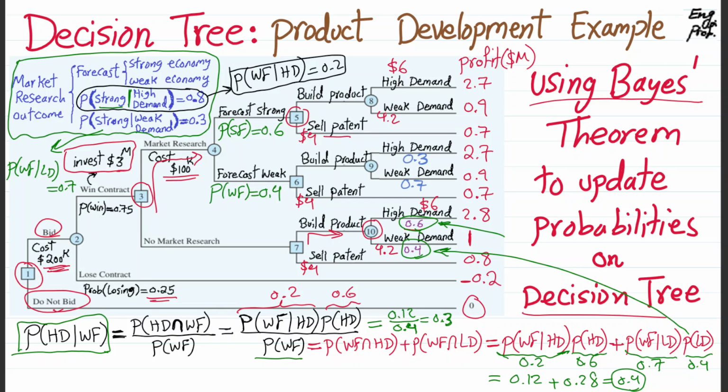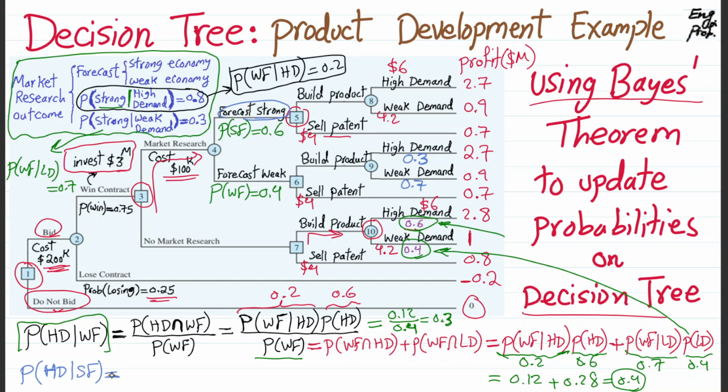Now we just need to do one more computation using Bayes theorem like we did, but this time we need to do it for the forecast as strong to find the probability of high demand with the forecast as strong. So I just need to repeat this exercise one last time. It would be probability of high demand given a strong forecast.